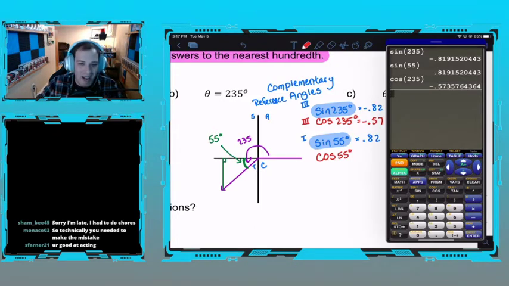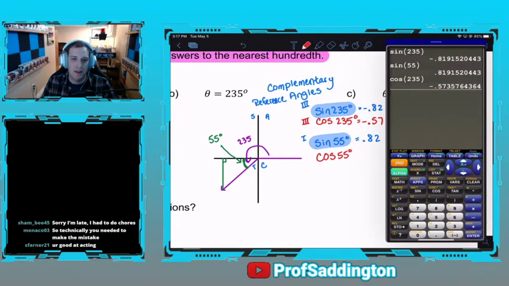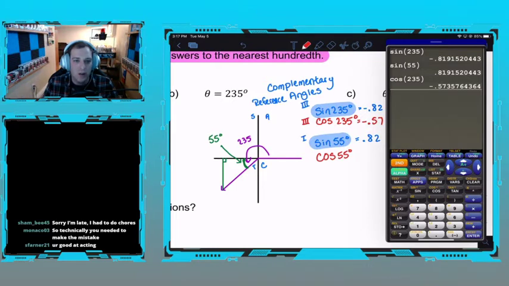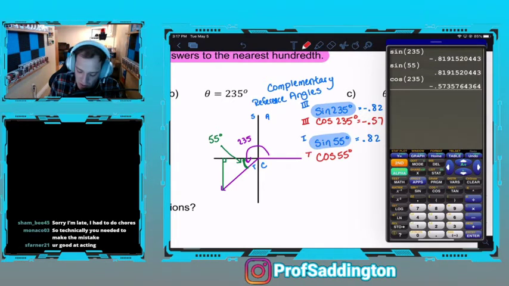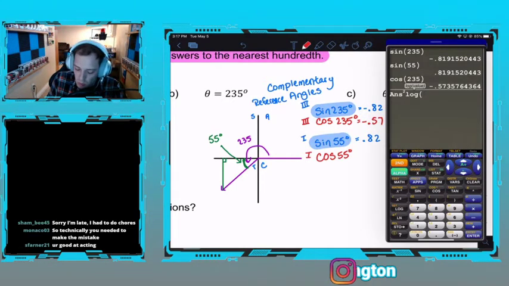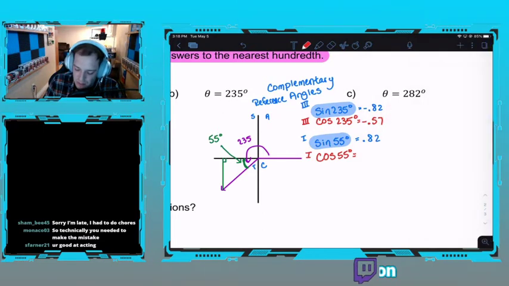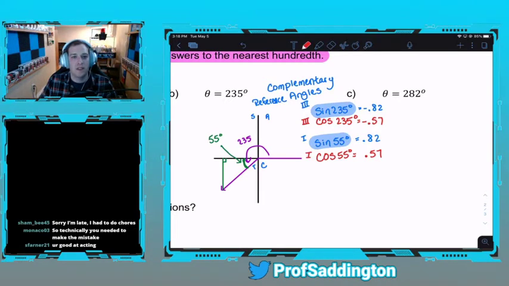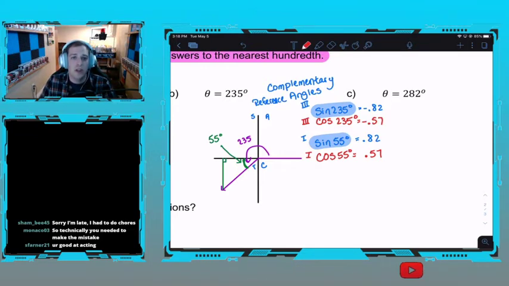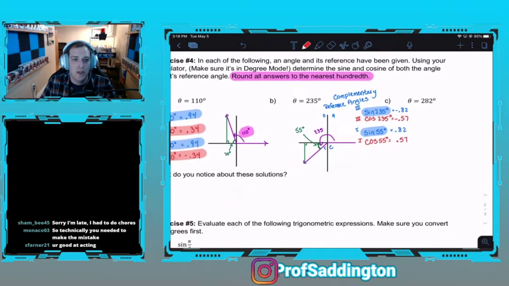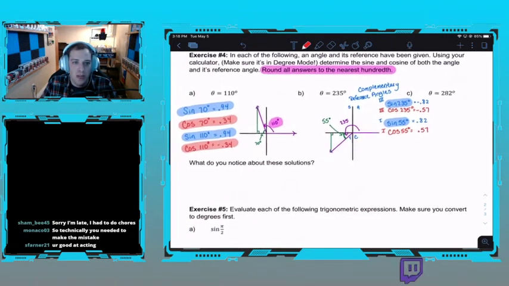Now I don't even have to type cosine of 55 into the calculator, because I know 55 degrees is in the first quadrant, so we know that the answer is going to be exactly the same. We just have to determine if it's positive or negative. Well, if 55 degrees is in the first quadrant, then we know it's going to be a positive value.